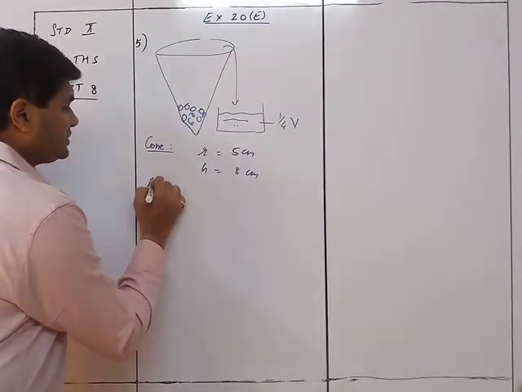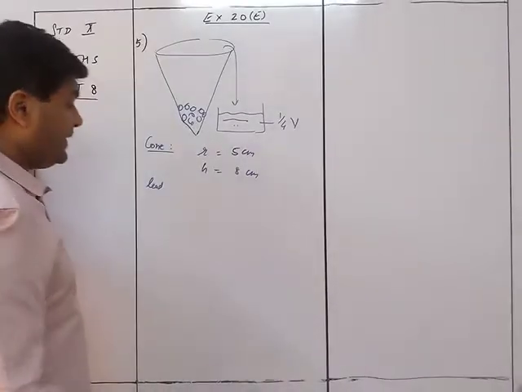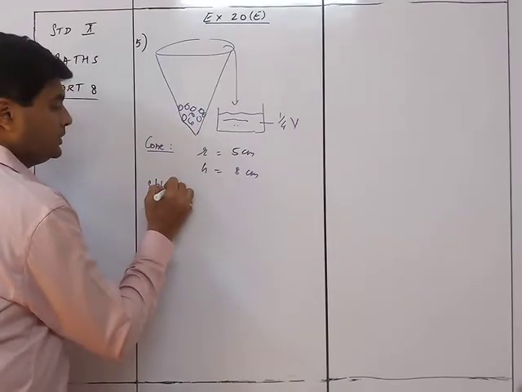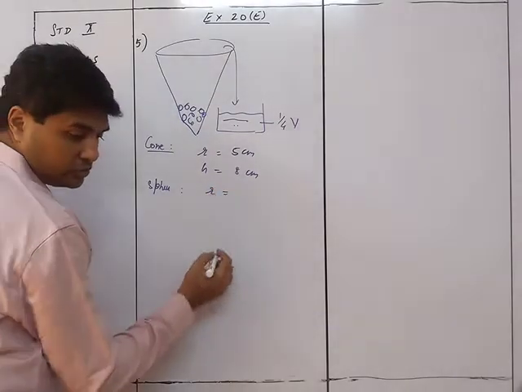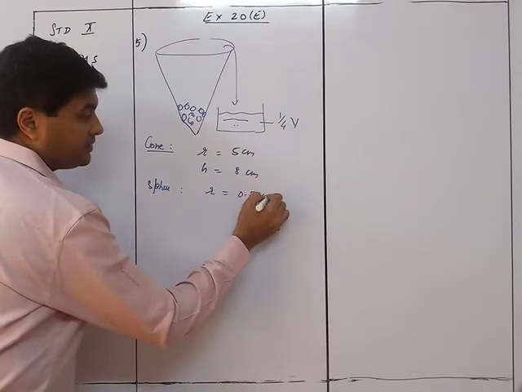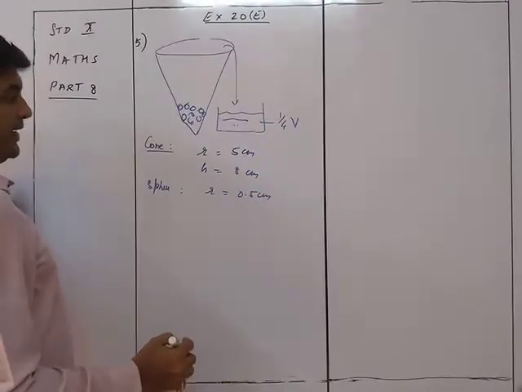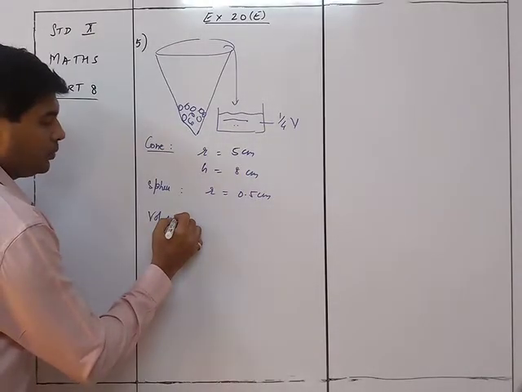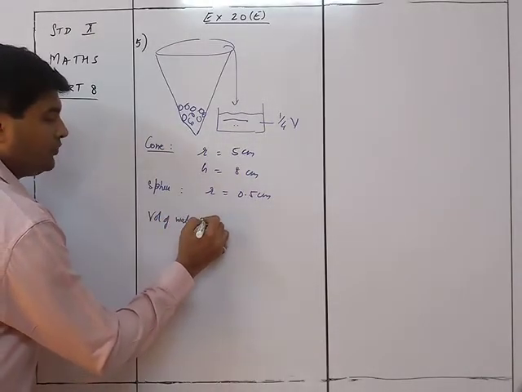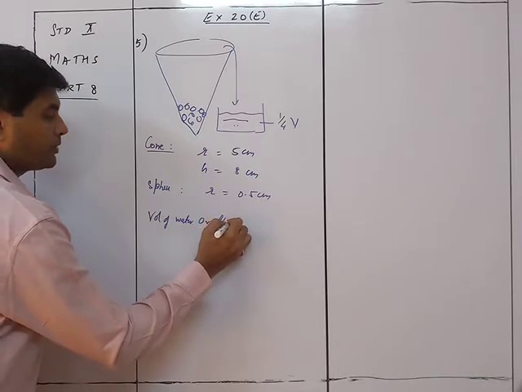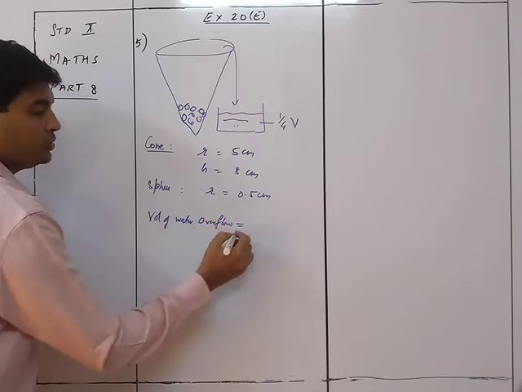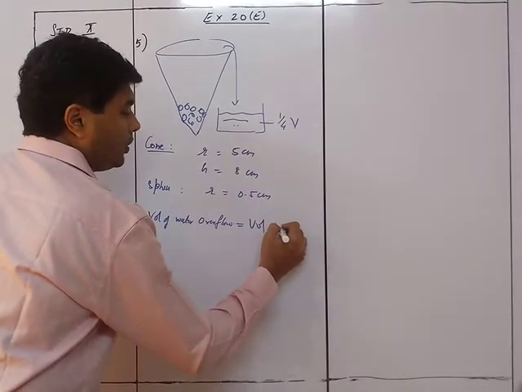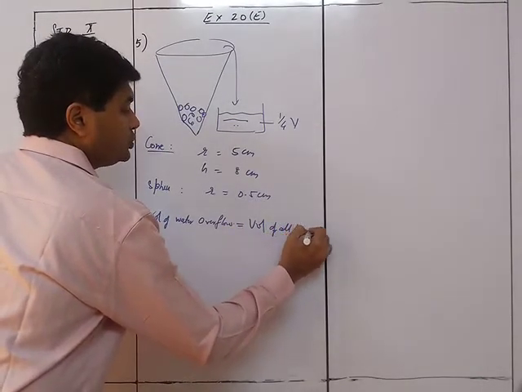The lead shots are spherical in shape, so we write it directly as sphere, with radius equal to 0.5 centimeters. Now I know that the volume of water overflow is equal to the volume of all lead shots.